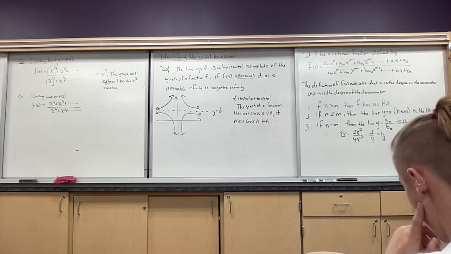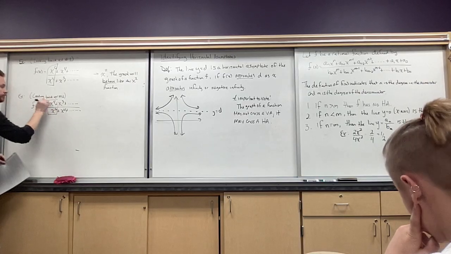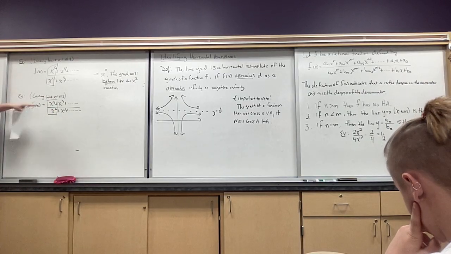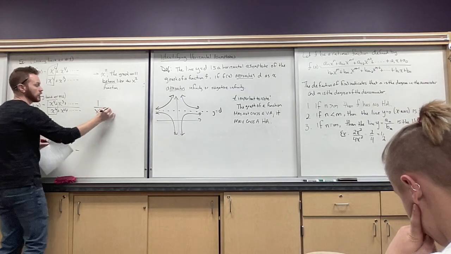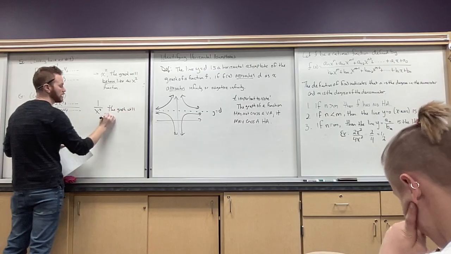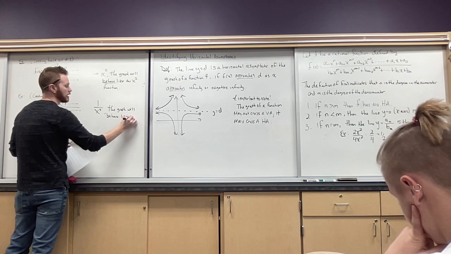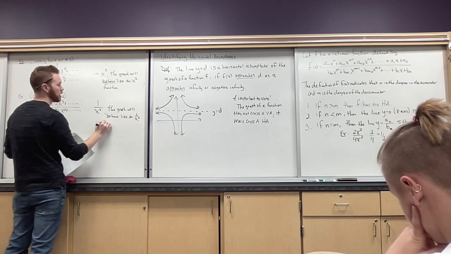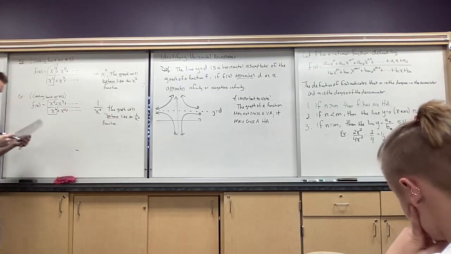Again, we're looking at the largest powers. So that's these guys. So notice that the degree is smaller than the denominator. If I were going to reduce that, that's going to be 1 over x squared, okay? So the graph will behave like a 1 over x squared function. And again, keyword: just behave like it, okay?